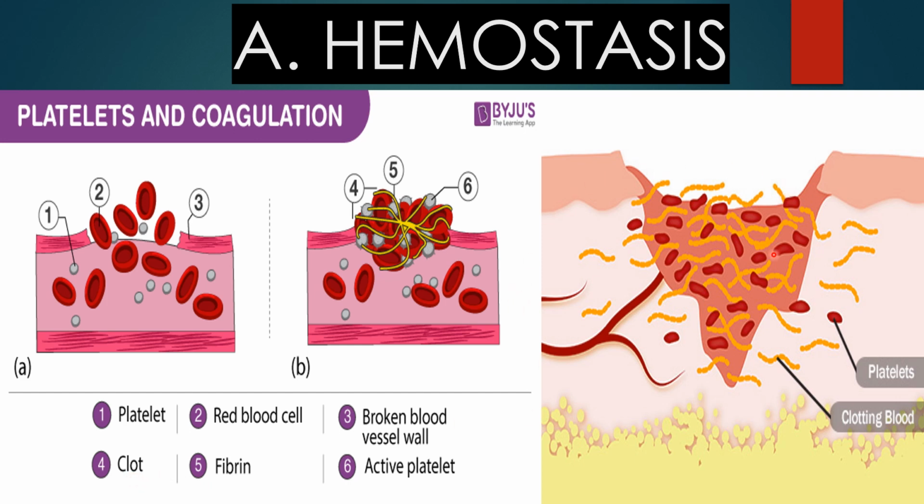All three events will produce the blood coagulum, which will occlude further bleeding from the blood vessels, which is called hemostasis. Once hemostasis is attained, the wound will attract chemoattractants for the inflammatory process, the second stage.